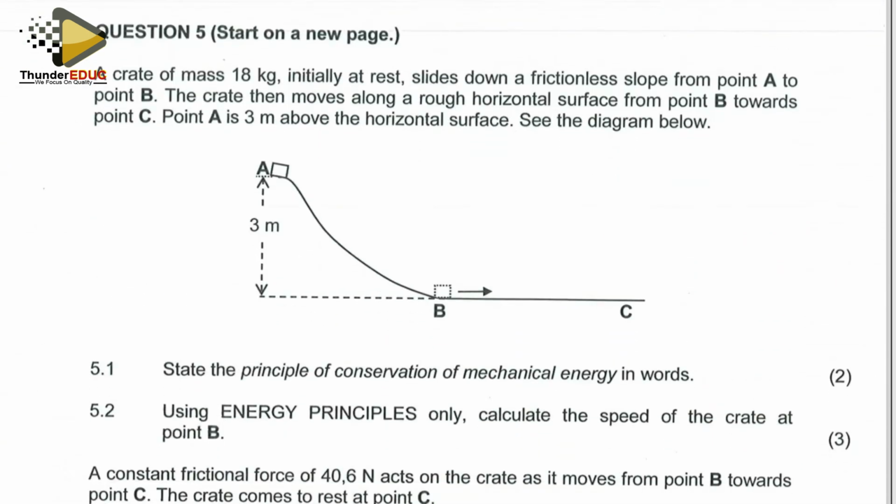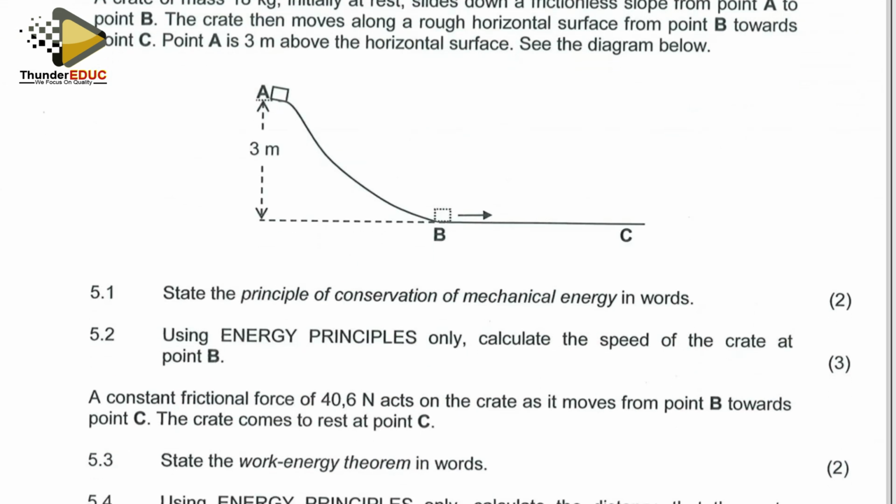In question number 5, we're being told that a crate of mass 18 kilograms initially at rest slides down a frictionless slope from A to point B, and the crate moves along a rough surface towards point C. Point A is 3 meters above the horizontal surface in the diagram below.